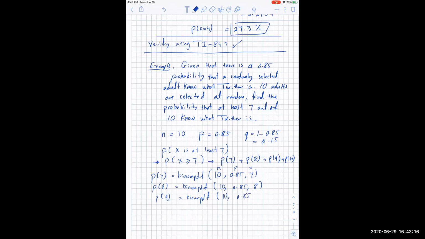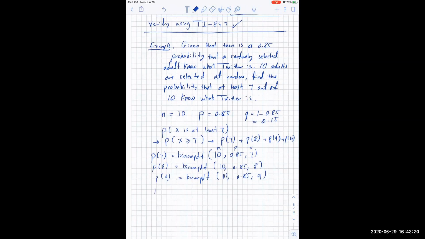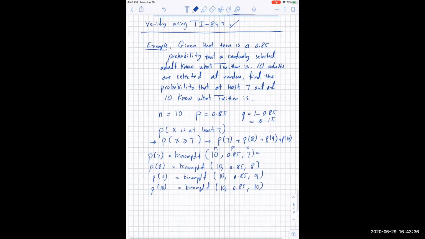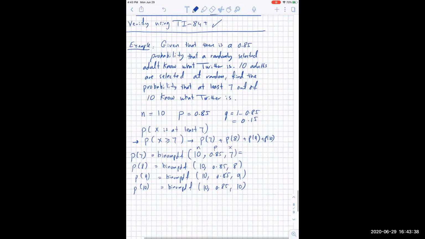See, the first two numbers are not changing, only the X value is changing. And then the probability of 10, binomial PDF 10, 0.85, and then 10. And then we're going to get these values from the calculator.